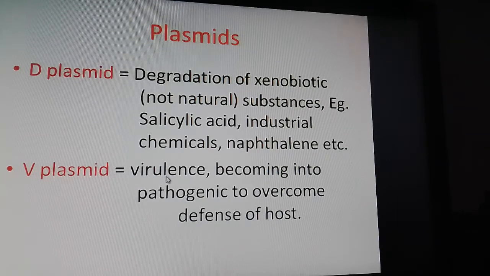Accordingly, it is said to be the virulent bacteria. So the bacterium carrying this plasmid may be called virulent bacterium because of its pathogenic characteristic, and also the substance can be helpful for the bacterium to overcome the defense mechanism of host.